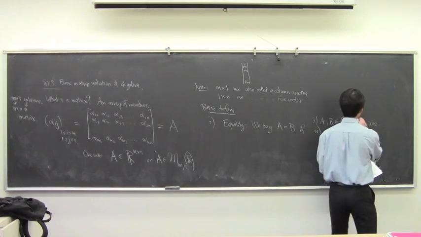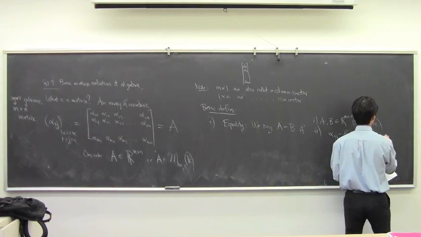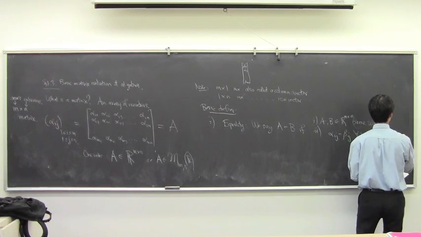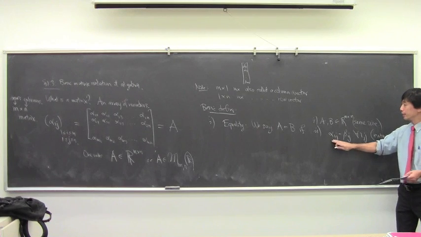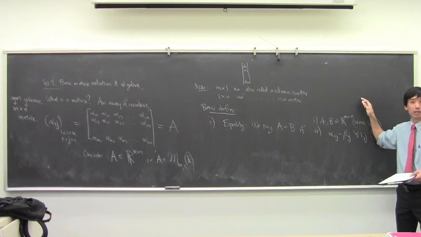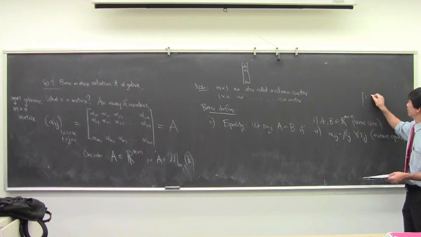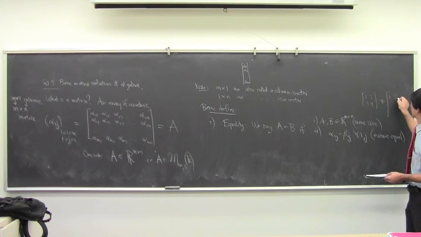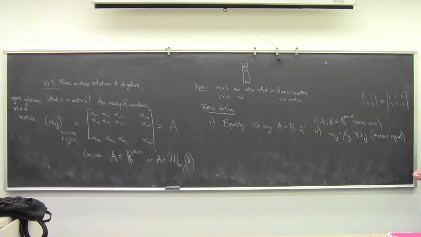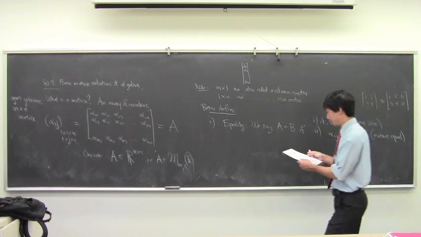So all the entries must be equal. So if you have something like this, it's not equal to this, because they're not the same size, even though the entries that exist are equal to each other. It has to be the same size and the entries have to be equal.